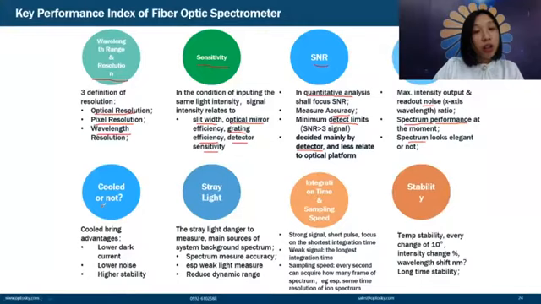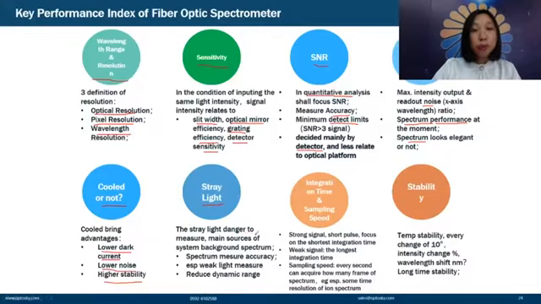And fifthly, whether the spectrometer is cooled or not. We mentioned before, cooling can bring the advantages of lower dark current, lower noise, and higher stability. So next is the stray light. Stray light is a harmful light. We don't need it.